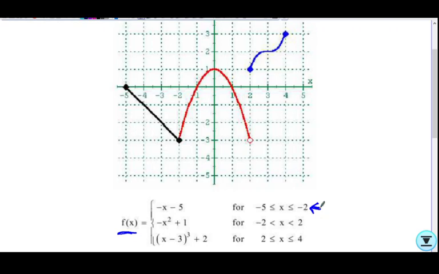And when we come over here, we can see from -5 to -2, that's where we see our linear piece. Then here, the quadratic is in between -2 and +2. And the cubic is from +2 to 4. So from here to here.